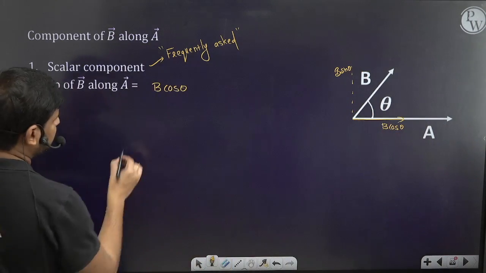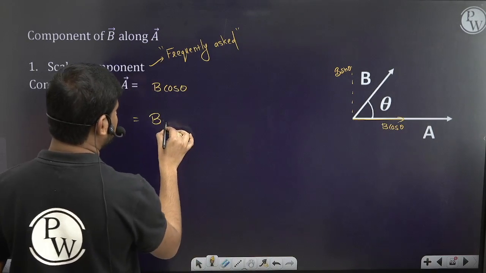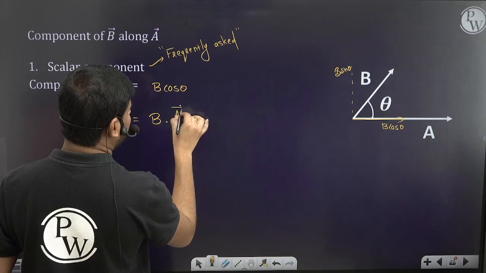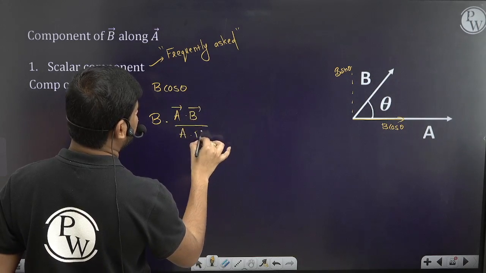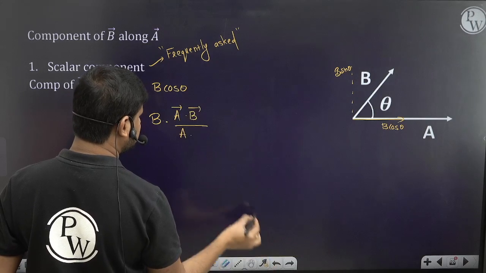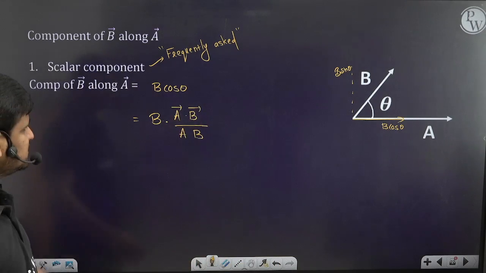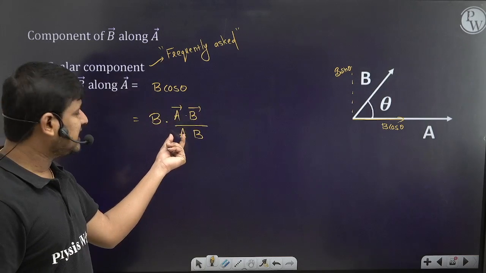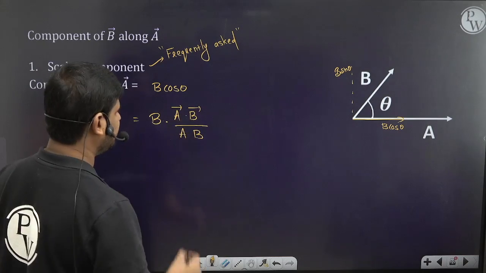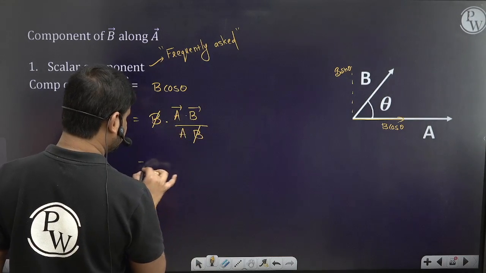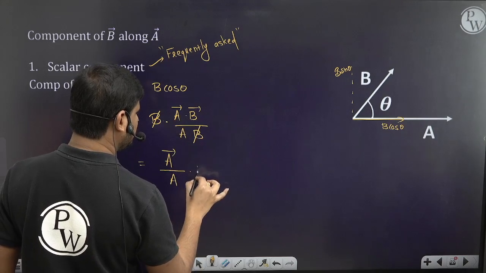Now what I am doing is, in place of cos theta, let me write a dot b by ab. Cos theta is the angle between the two vectors, which is a dot b by magnitude of a into magnitude of b. Here ab means magnitude of a and magnitude of b. So b cancels. Then vector a by a into vector b.